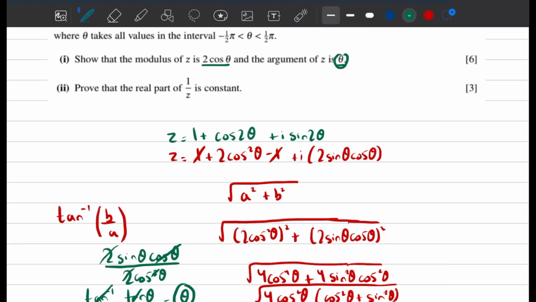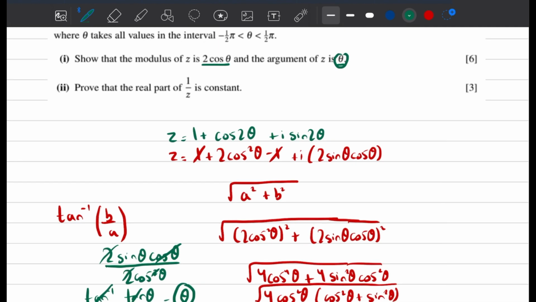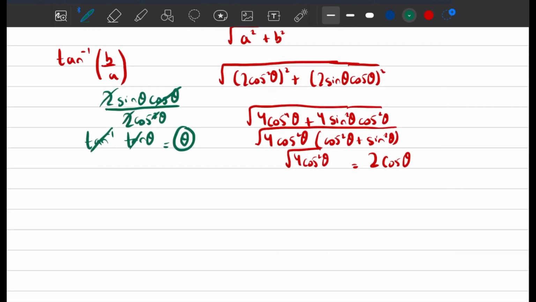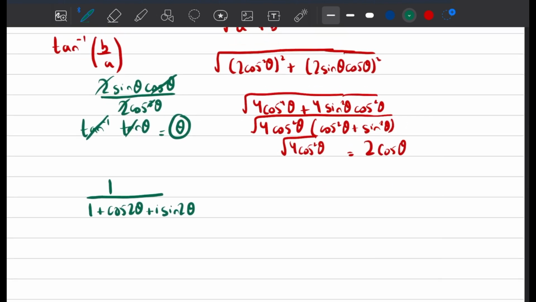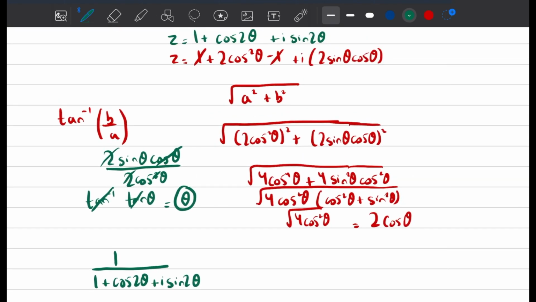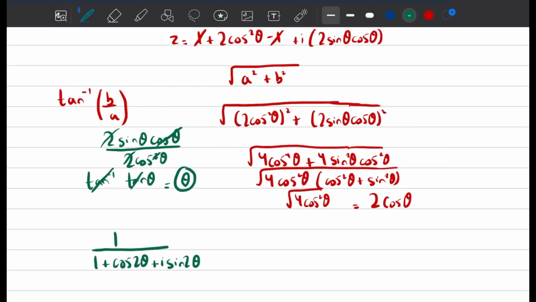Now, in the next part, we need to show that 1 upon z is a constant. So you're going to do 1 upon z. What's z? 1 plus cos 2 theta plus i sin 2 theta. Do you get this? So if you look above, what did you write in simplified form?